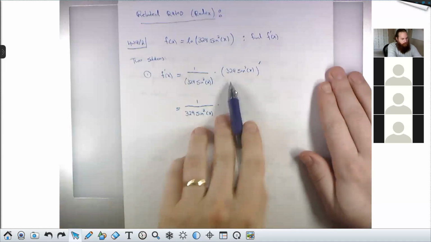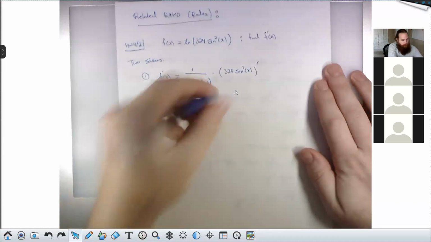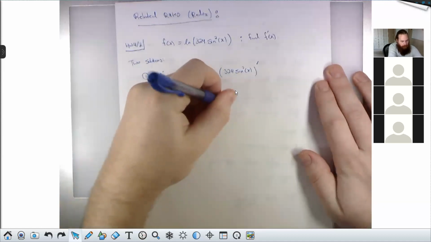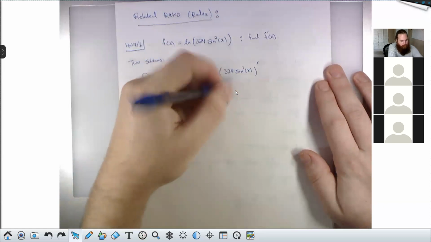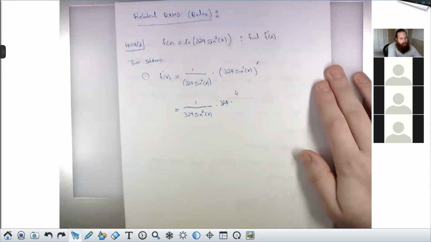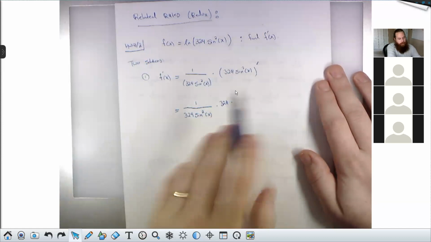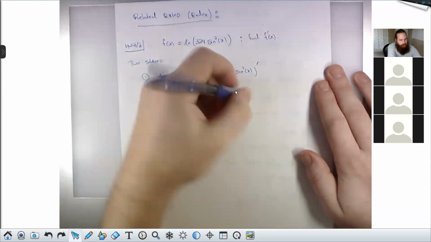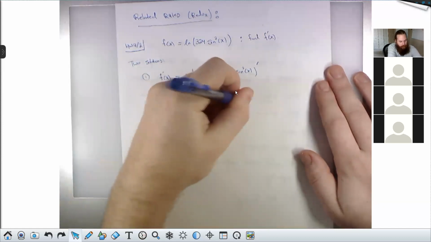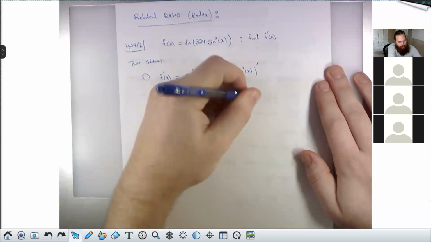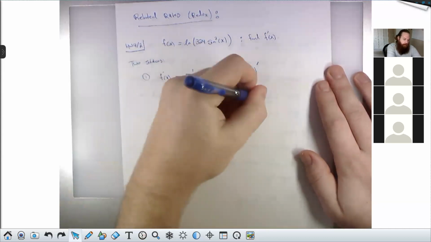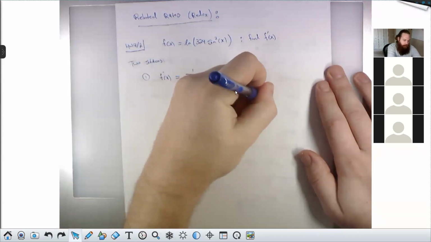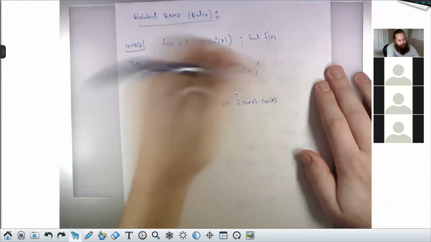All right, so I want to differentiate this guy now. So that 324, he's a constant multiple. He'll just come along for the ride. And then I've got a chain rule thing here. So sine squared x, that's going to differentiate to 2 sine x to the 1 times the derivative of sine x, which is cos x.